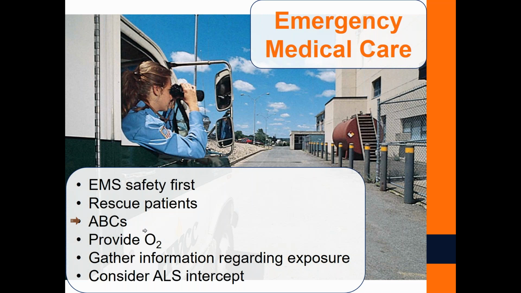I get my onset, provoke and palliation, quality, radiation, severity, time. Then I move into sample or sampler, signs and symptoms, allergies, medications, pertinent past history, last ins and outs, the events leading up to, and any risk factors.